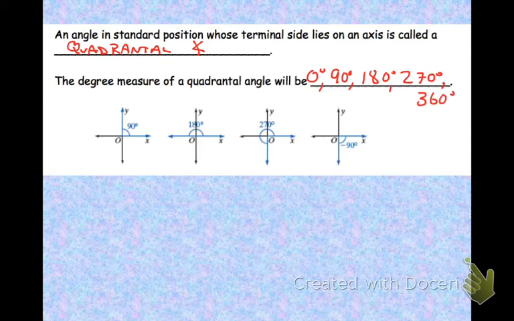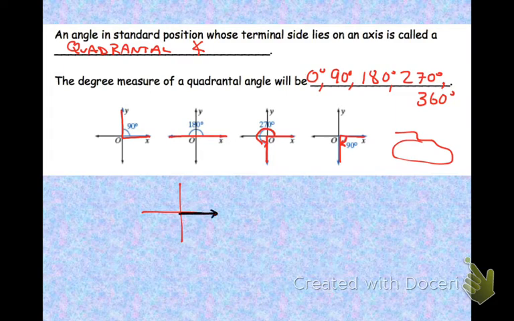So as you can see here, we have a 90 degree angle, we have a 180 degree angle, which is a straight line, and 270 goes all the way around in this direction. You have a negative 90 degree angle here because it's going backwards. You might want to write these down over in this area here. A 0 degree angle looks just like a ray because both the initial side and the terminal side are pointing in the same direction.